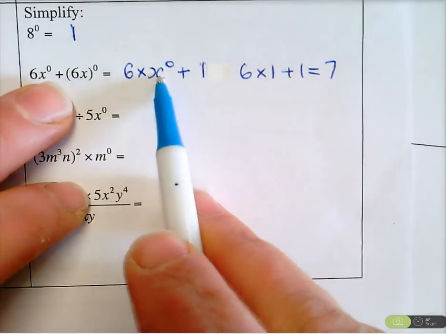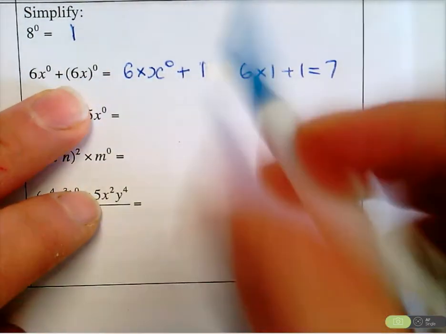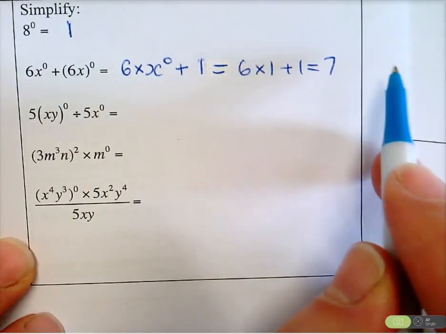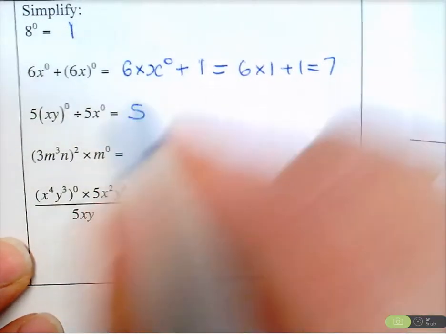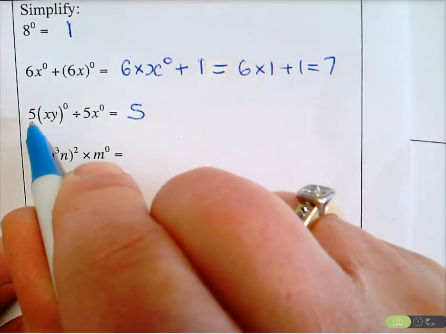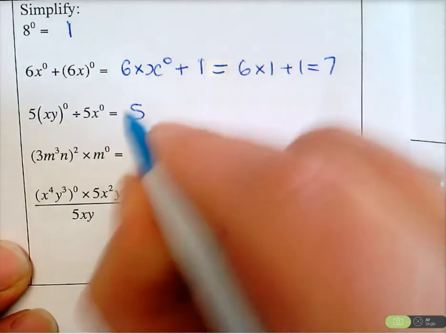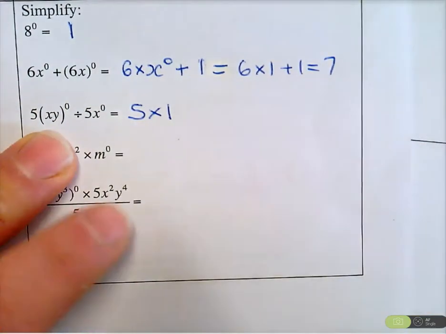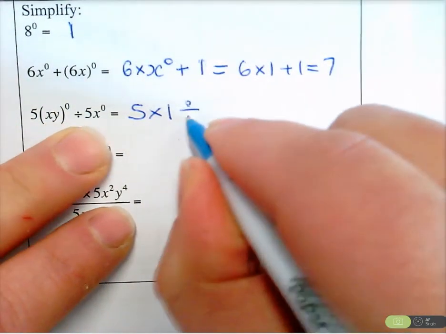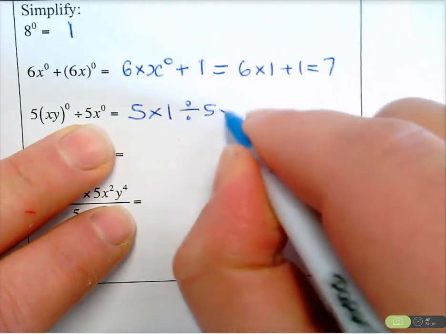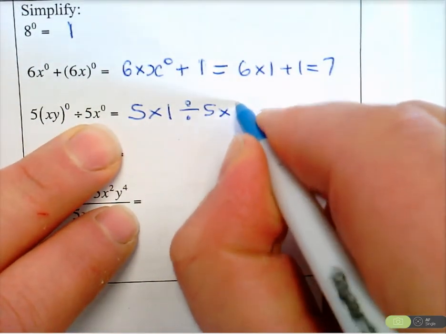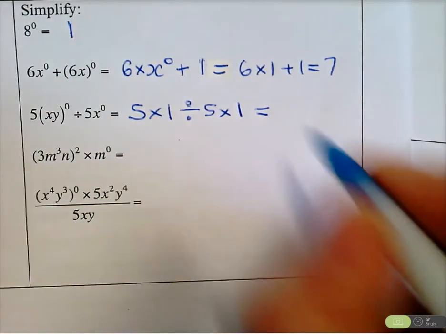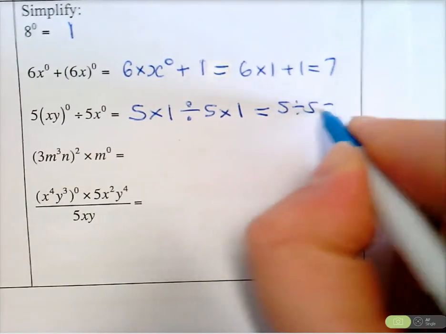So it's 6 times 1 plus 1, which is 6 plus 1, which is 7. The next one is 5. What symbol is between the 5 and the bracket? It's a times. 5 times what? All of that is just 1. You don't have to work it out. It's all to the power of 0. Divided by 5 times x to the power of 0, which is 1. So girls, it's 5 divided by 5, which is 1.